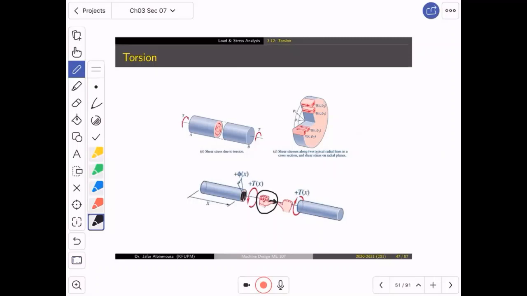So with respect to this surface, a positive moment is in this direction. With respect to this surface, a positive moment is in the opposite direction.